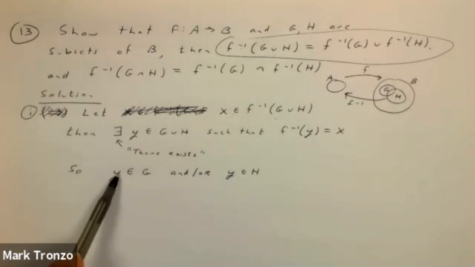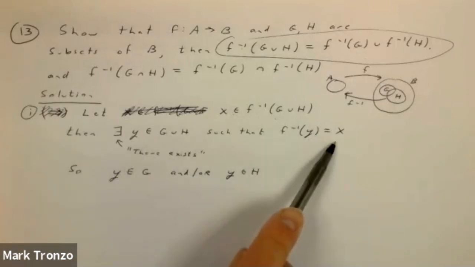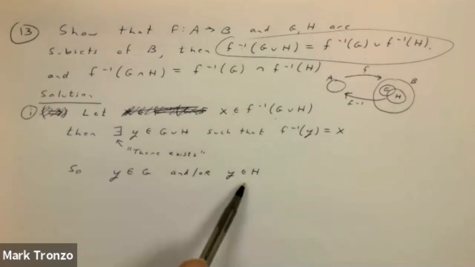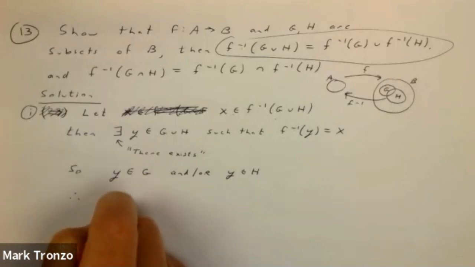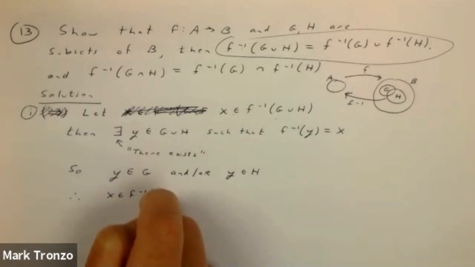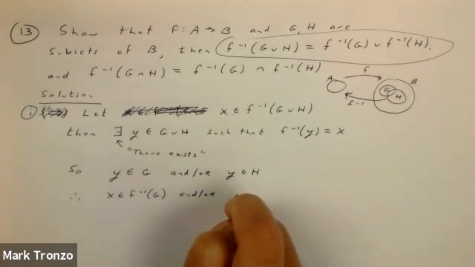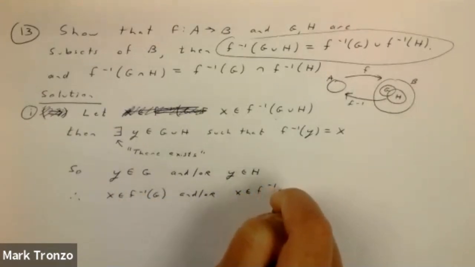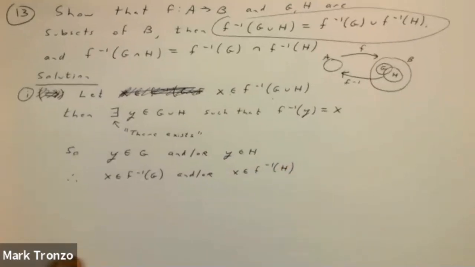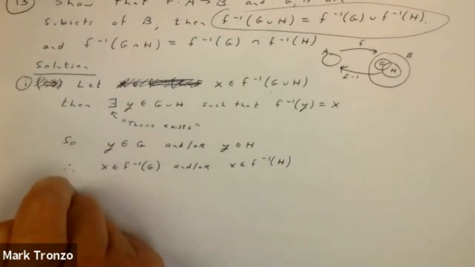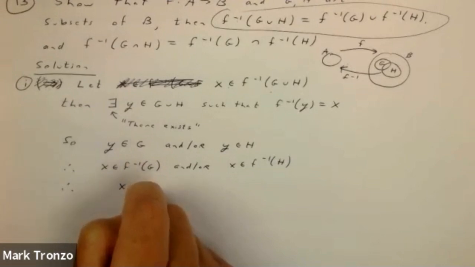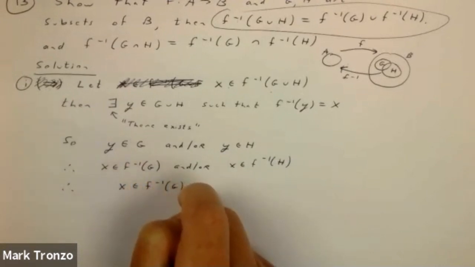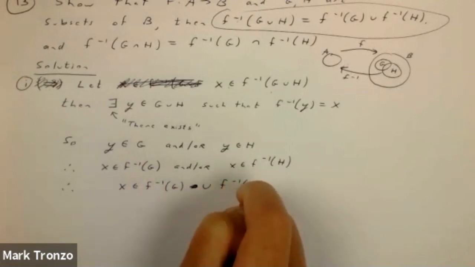And we almost have it here, because if this Y that produces this X is in either G or H, then X has to be in the inverse image of G and/or X is in the inverse image of H. Therefore, since it's in this and/or this, X has to be in F inverse G union F inverse H.